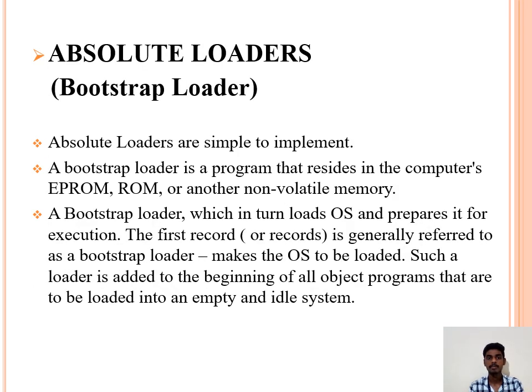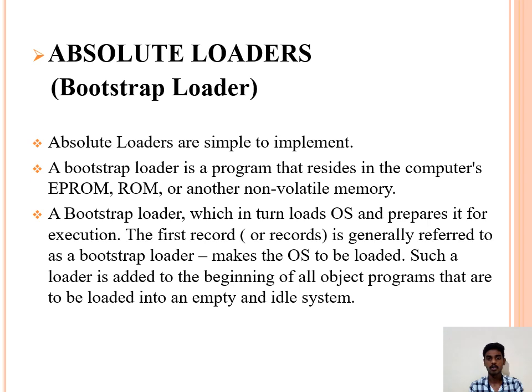The second one is the absolute loader, which is also called the bootstrap loader. Absolute loaders are simple to implement. A bootstrap loader, which is nothing but an absolute loader, is a program that resides in a computer in electronic ROM, programmable read-only memory or any other non-volatile memory, and it in turn loads the operating system and prepares it for execution.